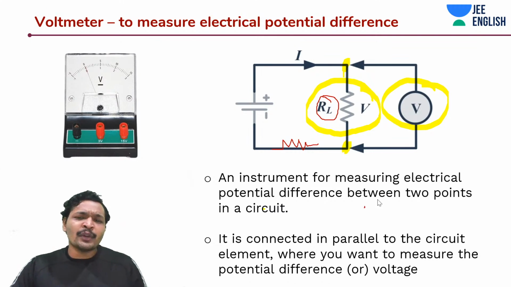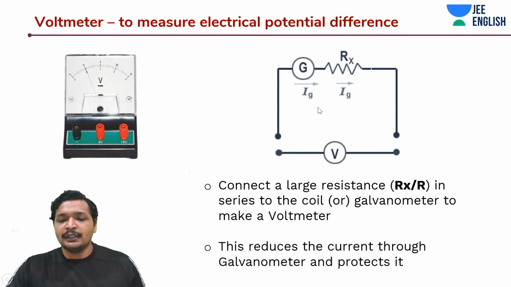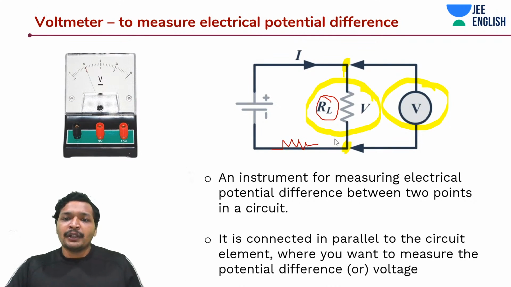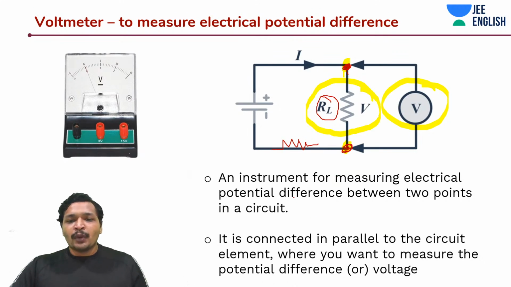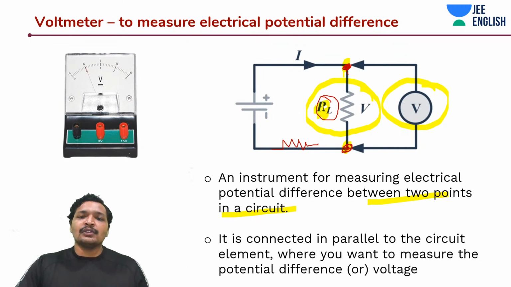And what is the voltmeter doing? Voltmeter is basically measuring the potential difference across these two points, these two terminals, anything you like to call it. Voltmeter is an instrument for measuring the voltage or potential difference across two terminals or two points in a circuit, or across an element like a load resistance.